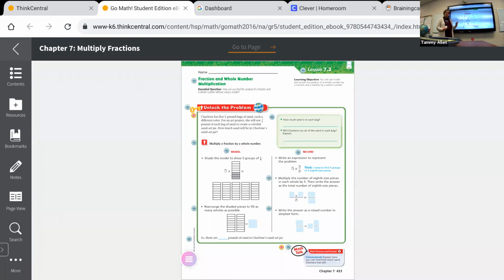On 433, this would be the drawing of the pictures instead of using your grading camp.